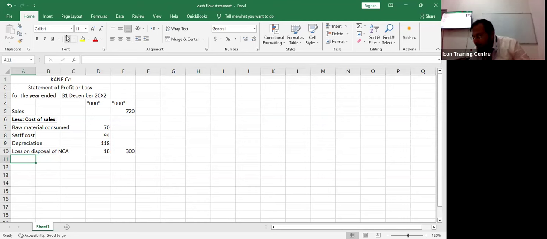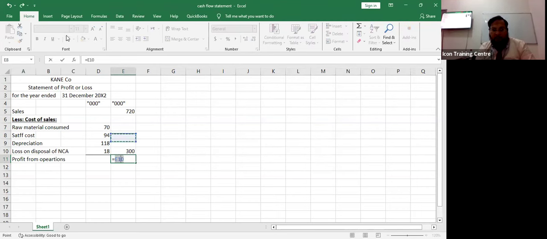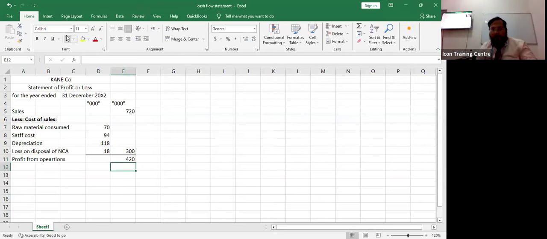Then you have profit from operations, and it is 720 minus 300. Then you subtract interest payable, which is 28.